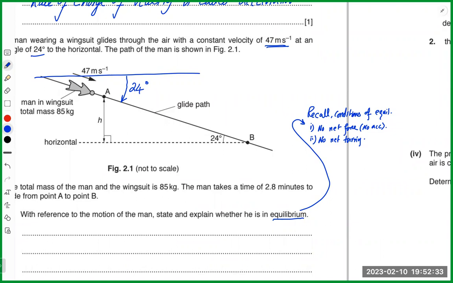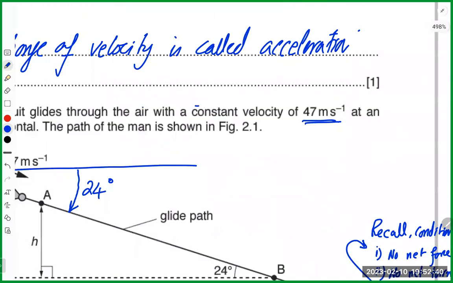If you go to the part that I underlined, it is traveling with a constant velocity. It means neither the object's speed is changing nor its direction of motion is changing.